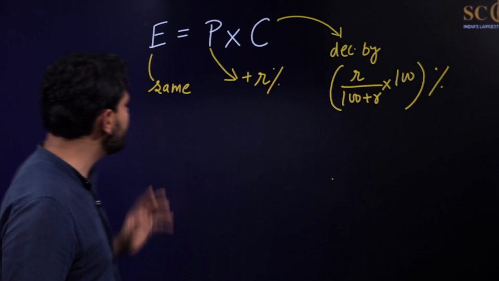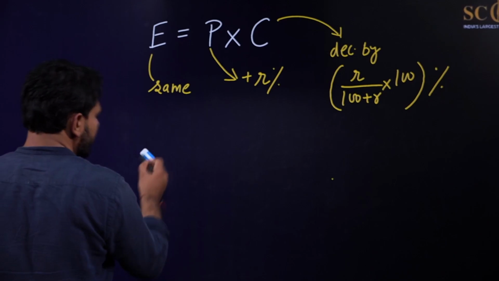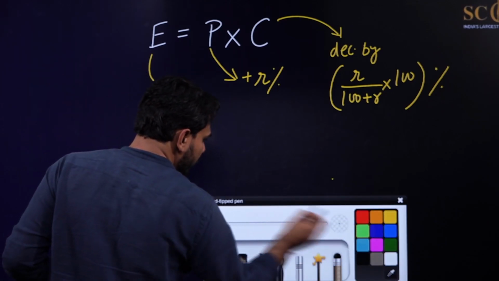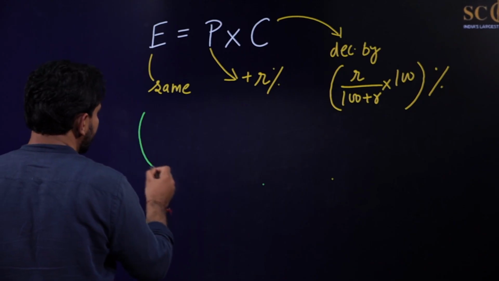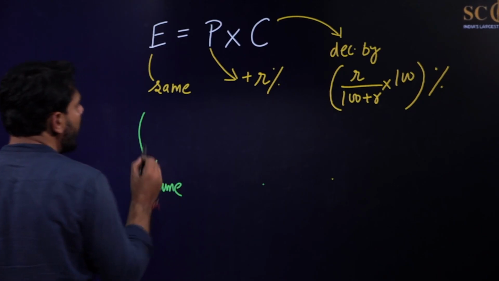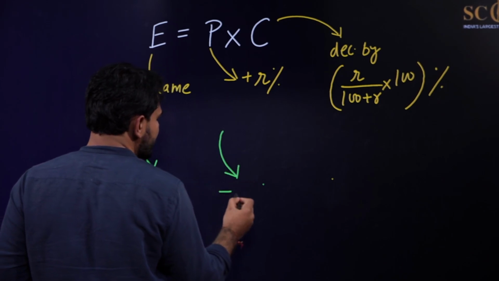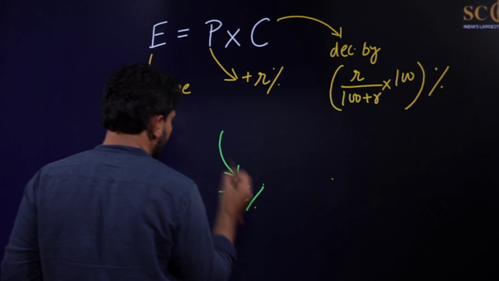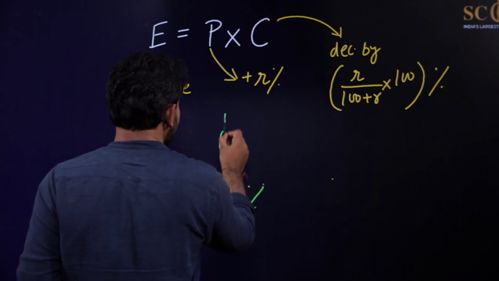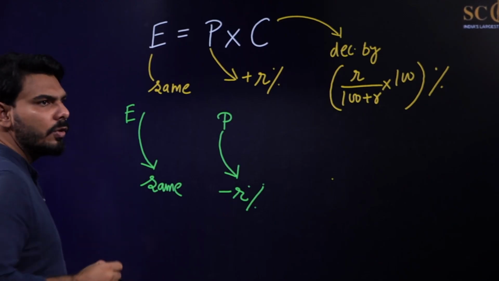In a similar way, let us suppose that the expenditure is remaining constant. Now, in the second case, let us suppose price is getting decreased by R%. Price is reduced by R% and expenditure is remaining constant.